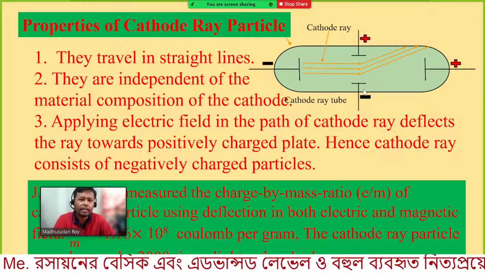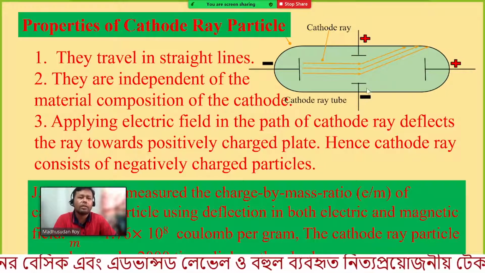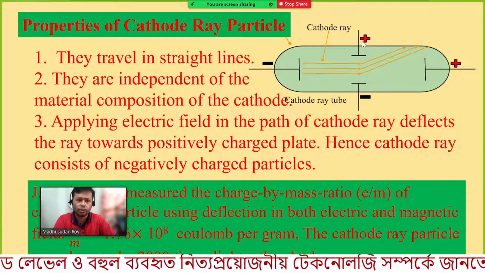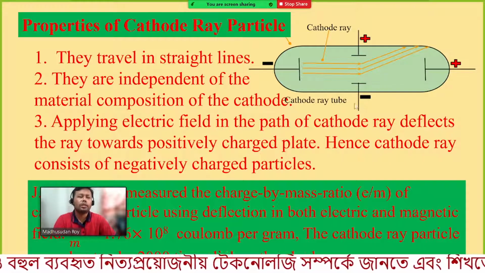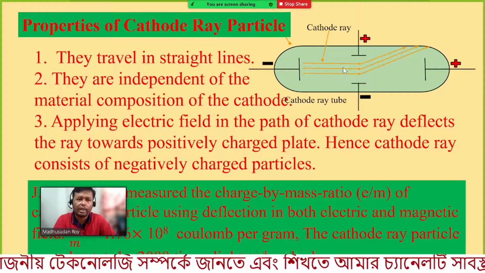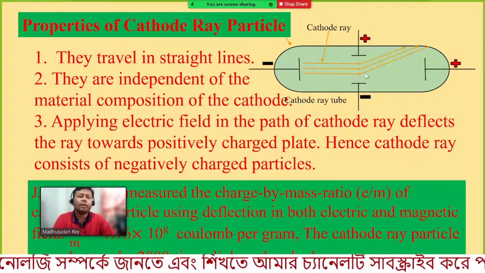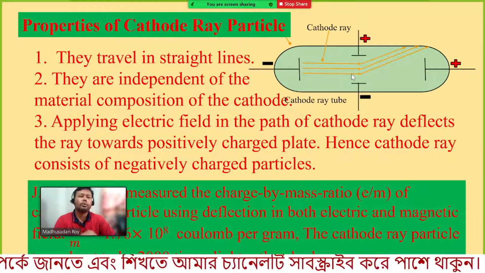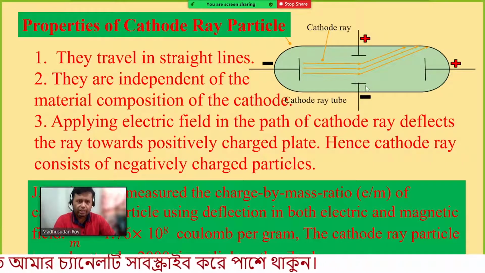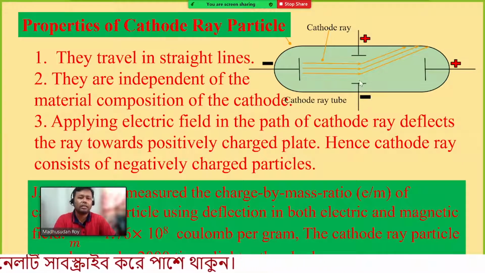Already you have mentioned that if you apply a certain electric field, with positive voltage and negative voltage, in the path of the cathode ray, then it will change the path depending on the direction or the charge.